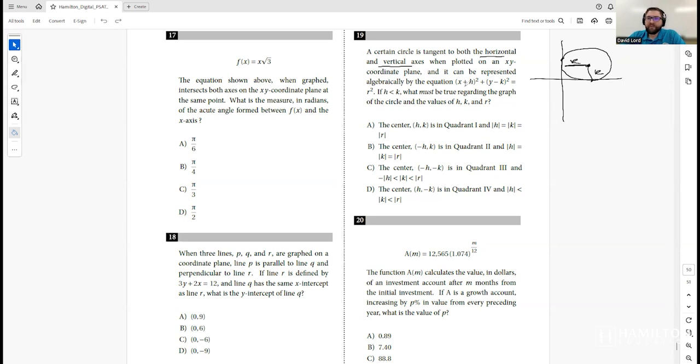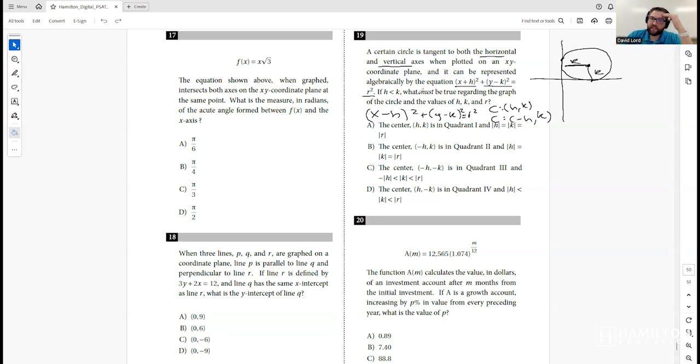It can be represented by the algebraic equation (x plus h) squared plus (y minus k) squared equals r squared. Well, that's interesting because normally the formula is (x minus h) squared plus (y minus k) squared equals r squared, and that normally has a center of h, k. But by doing x plus h, they're telling us the center has to be negative h, positive k.